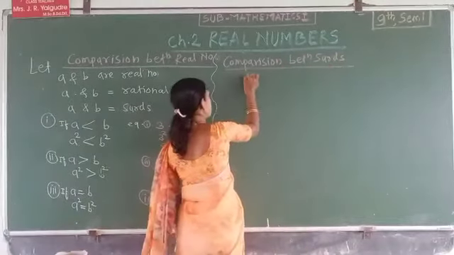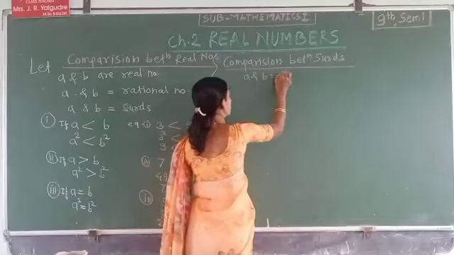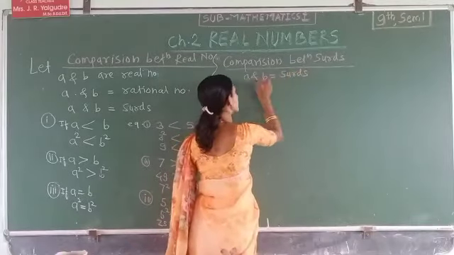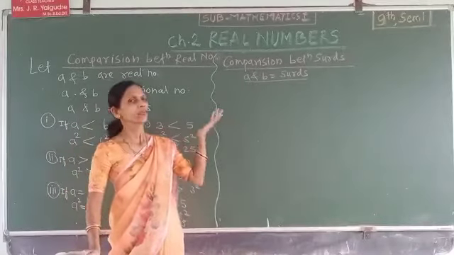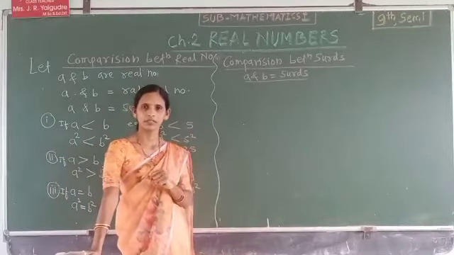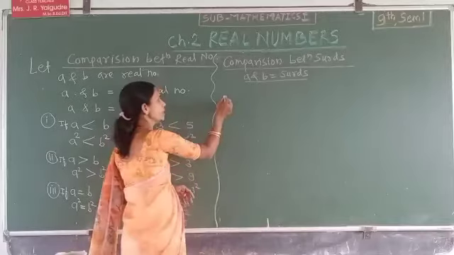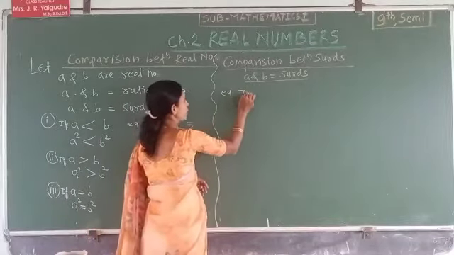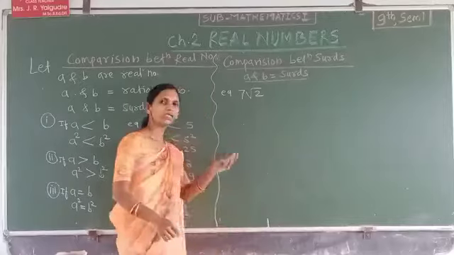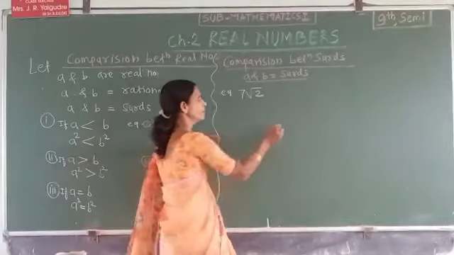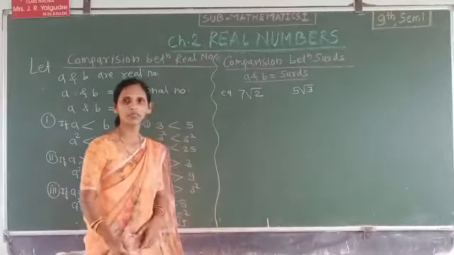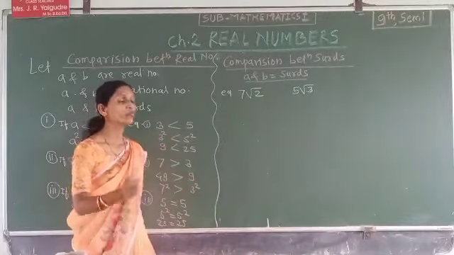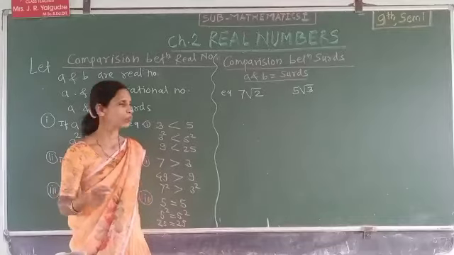If A and B are surds, then we can compare two different surds. For example, 7 root 2 is one surd and 5 root 3 is another surd. Then we can compare between these two.